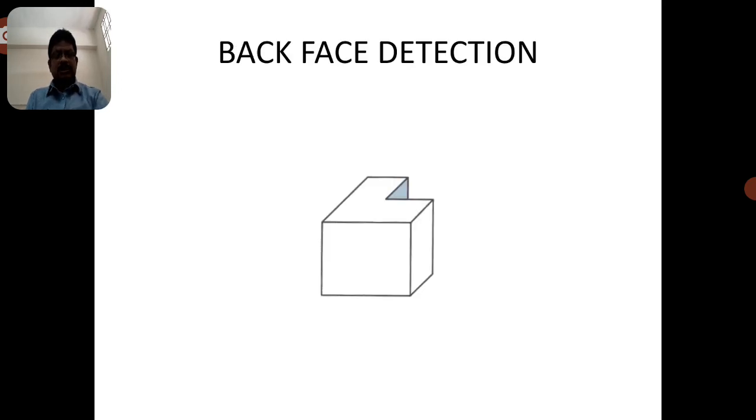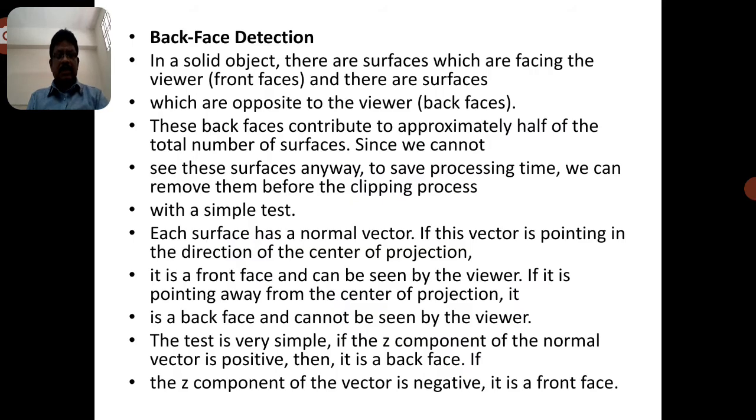If you consider this particular diagram, the front view is different compared to the back view. The back face surface is different from the front view of the surface, so the front view calculation and the back view calculation are done in different ways. That is why the back faces contribute approximately half of the surfaces.